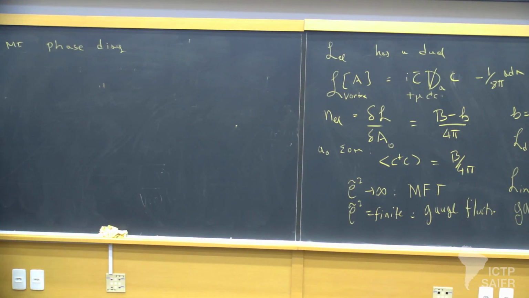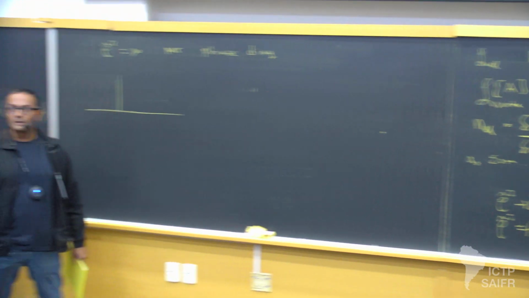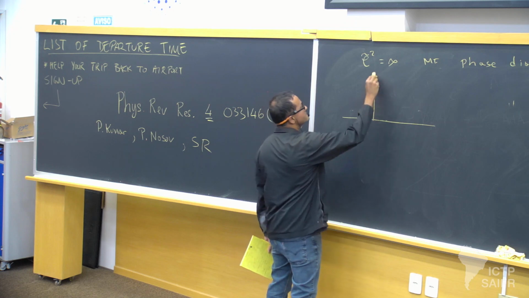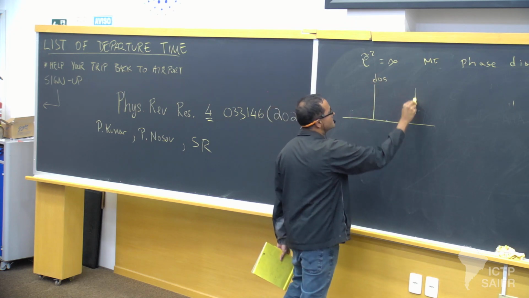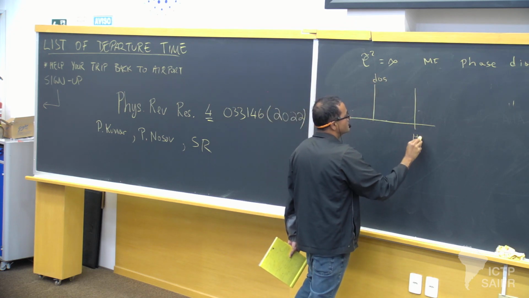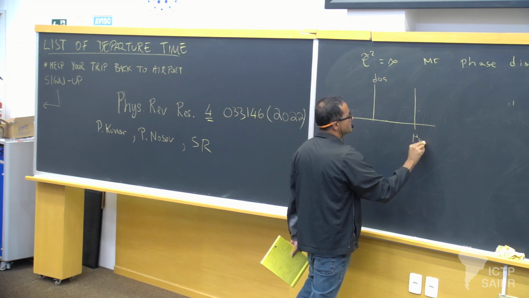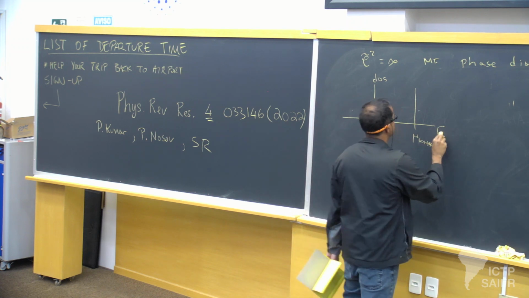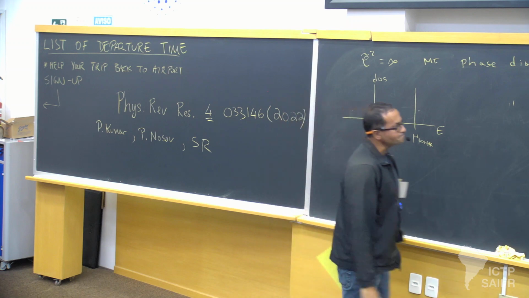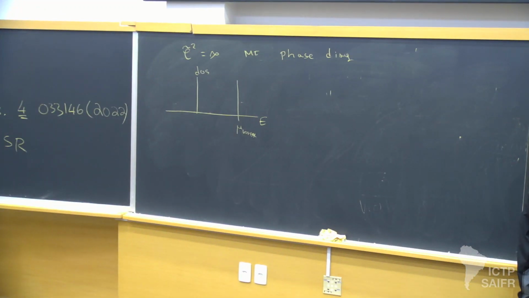So I can tell you what the answer is. That's free fermions. That's a trivial problem. We know how to solve that. The answer is this. There's density of states as a function of energy. So let me put the chemical potential of the vortices here. This is energy, mu vortex.